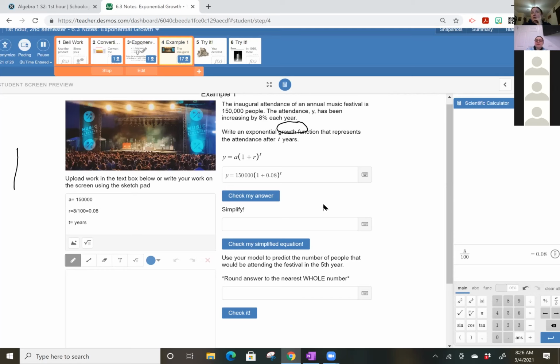Yeah, it's what's inside the parentheses, the 1 plus r. So we're going to be doing the 1 plus 0.08. So there we go.